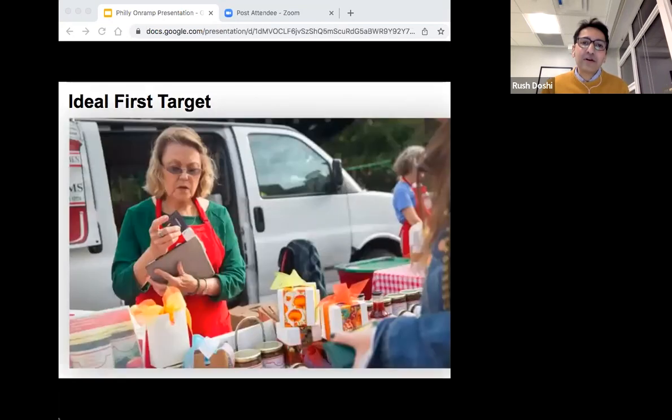Originally, the initial target audience for them were these micro merchants, street vendors, pop-up stores, taxis even, to accept credit cards, because they were mostly cash driven. And they were looking for people who were making less than $250,000.